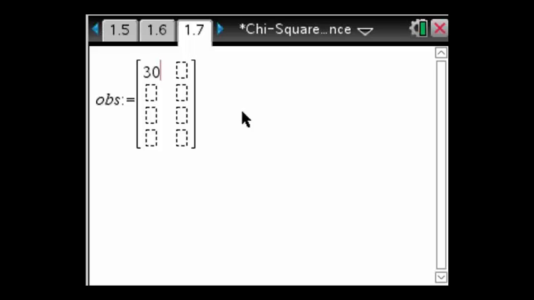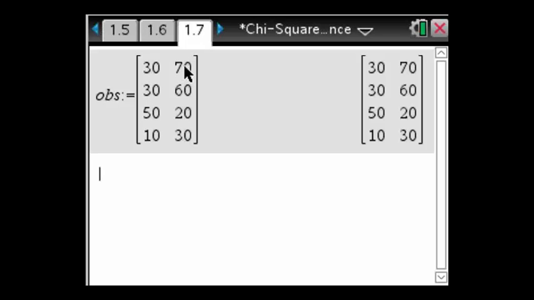And so now if we add some values, the males are column 1, so that's 30, 30, and then 50 and 10. And then the females were the second column, and they were 70, and then 60, and then 20, and then 30, and then press enter. And so what we've got now is our observed matrix defined.